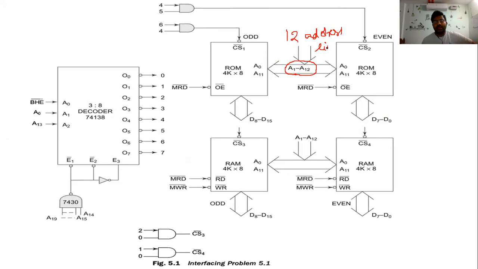2 power 12 is equal to 4096 address locations. 4 KB means nearly 4000 address locations.